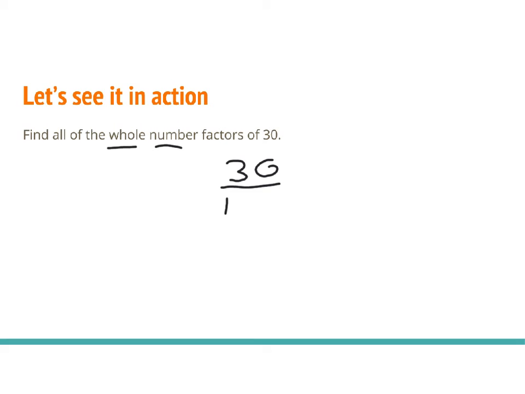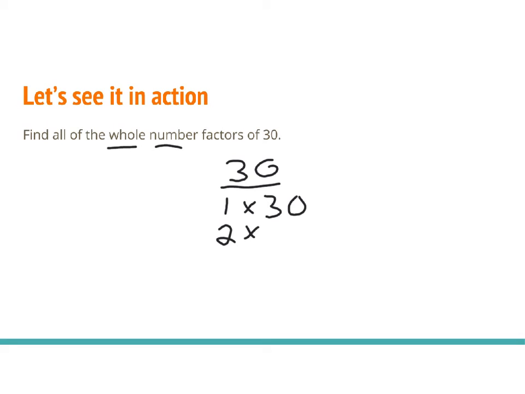So I always start with the first number, 1. That's easy. 1 times the number itself always equals that number. So the second number is 2. Remember our check? 30 is even. So I know 2 has to work.